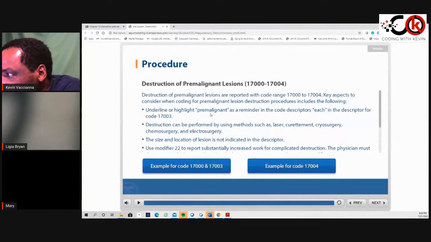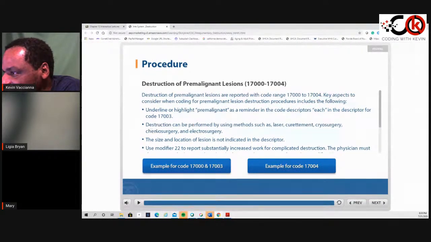It's telling you as a heads up, coders, underline or highlight pre-malignant as a reminder in the code descriptors, each in a descriptor for code 17003. So it's giving you a hint to underline that word. So you may want to do that or highlight it in your CPT book right now as we're talking.